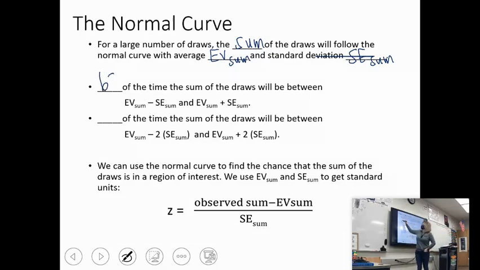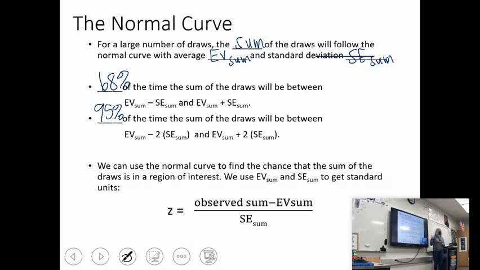Okay, so 68% of the time, the sum of the draws will be between the EV sum minus an SE and EV sum plus an SE, so just within one SE. 95% of the time, it will be within 2 standard errors, because it follows the normal curve. So it's going to have that same rule: 68% within 1, 95% within 2.